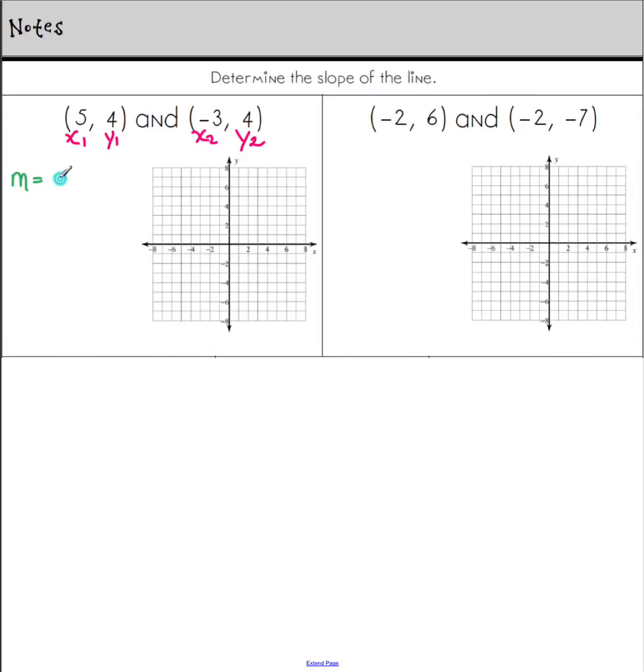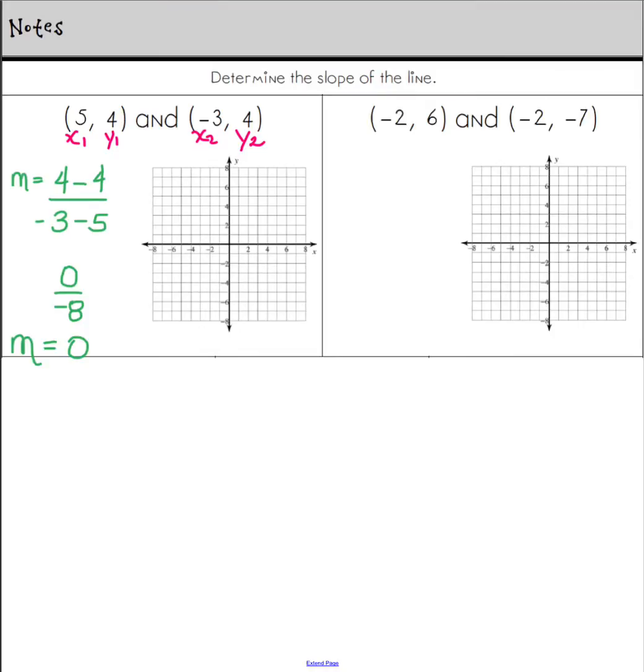So our y sub 2 is 4, minus our y sub 1, which is 4, divided by our x sub 2, which is negative 3, minus our x sub 1, which is 5. So our numerator, 4 minus 4, is 0, divided by negative 3 minus 5 gives us negative 8. And so 0 divided by negative 8 would give us a slope of 0.